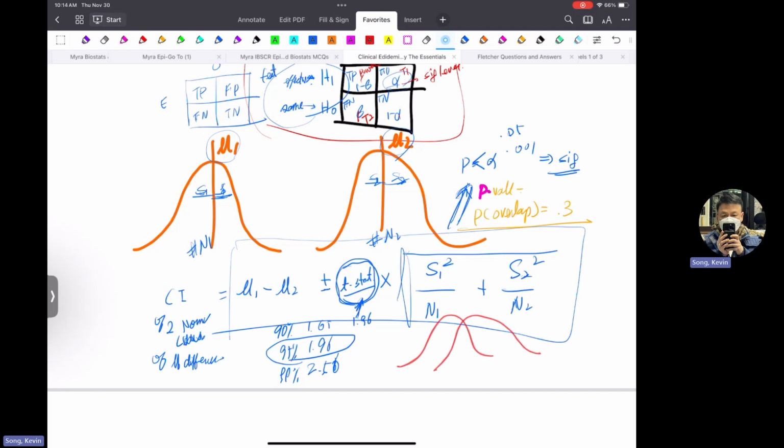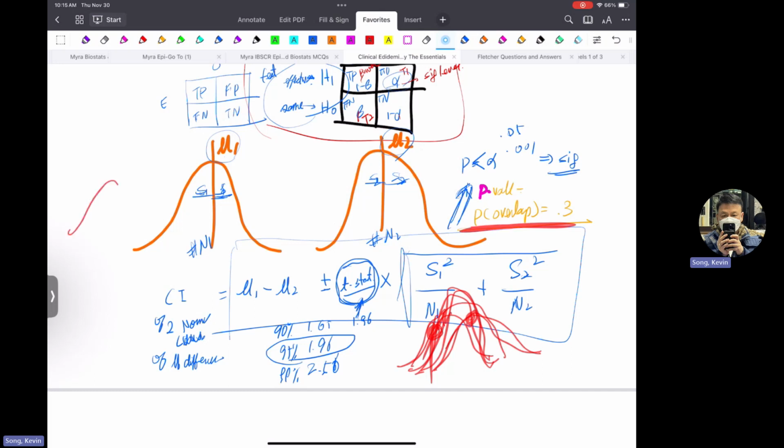So it's very much overlapping, right? So what's the chance of this? You randomly select one point in here, and then randomly select one point here. They are basically within the range of the other curve. That's whether they are overlapping.